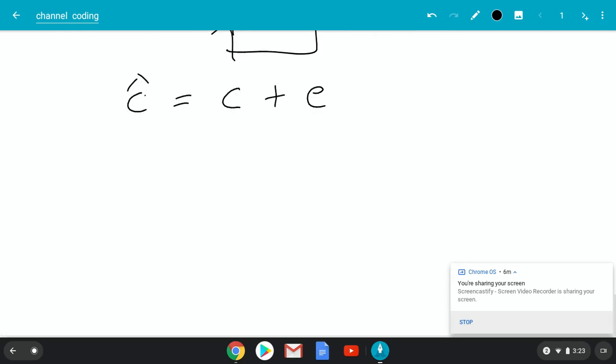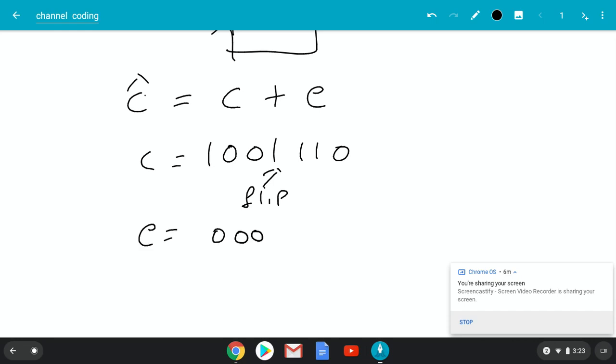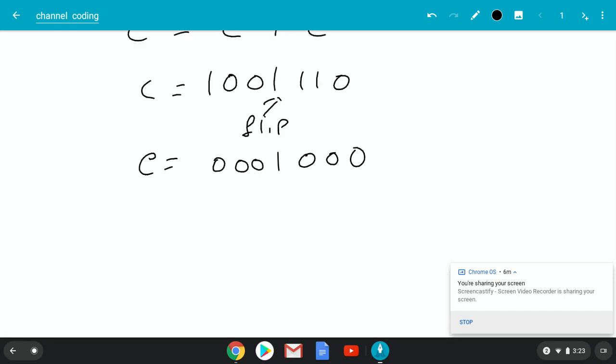For example, if C is, let's say, 1001 and then 110, I mean, this may not be the exact parity bits depending on the situation, but I'm just taking it as an example. Then I want to flip the fourth bit, so I can take an error vector, which is 0, 0, 0, 1, 0, 0, 0.